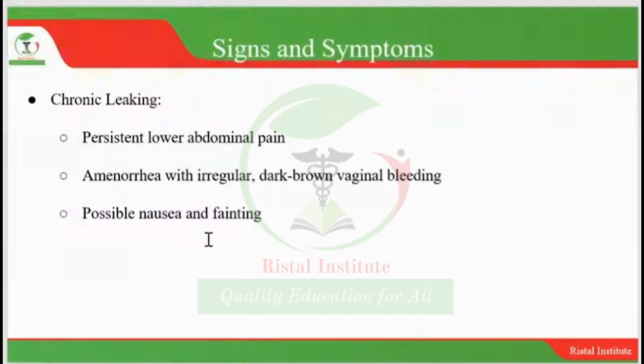So here the mother will experience amenorrhea, but she will have some irregular kind of bleeding, which comes per vagina, and in most cases it is dark brown. Then she will also be feeling possible nausea and vomiting.